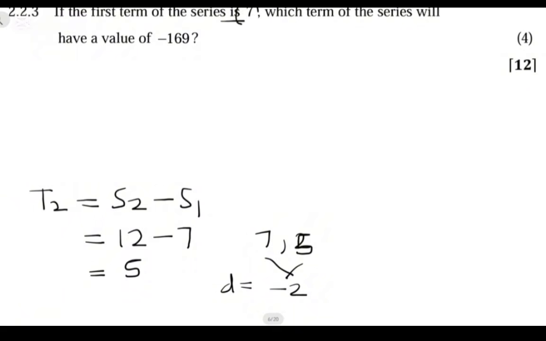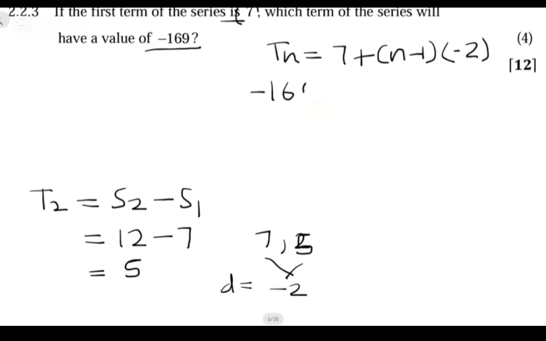So how can we solve the question? We know that our Tn now is equal to the first term, 7, plus n minus 1, times the difference, negative 2. To find the value that is equal to negative 169, we can simply substitute.